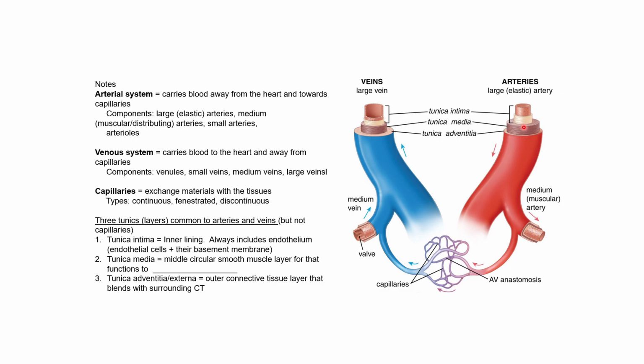When these arteries become middle or muscular arteries, or distributing arteries, the amount of elastic fibers will decrease and the amount of smooth muscle cells will increase.